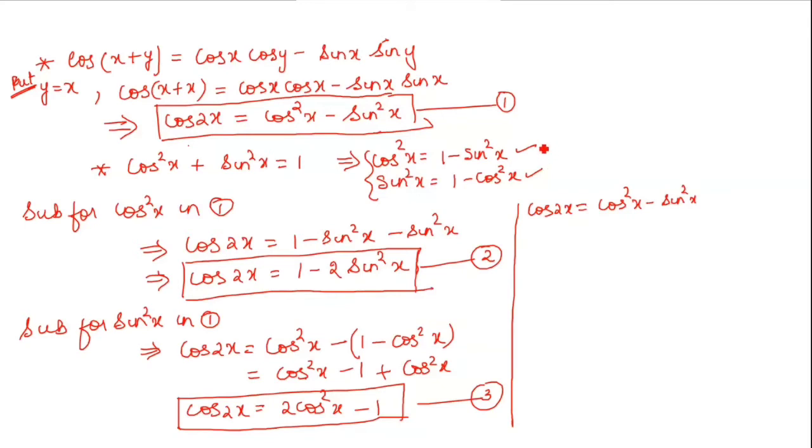Possible, isn't it? That will be the same answer. Same way, can I write cos 2x is equal to cos square x minus sine square x by 1? Yes, it is possible because I am getting the same one. Now, in place of 1, use the identity cos square x plus sine square x.